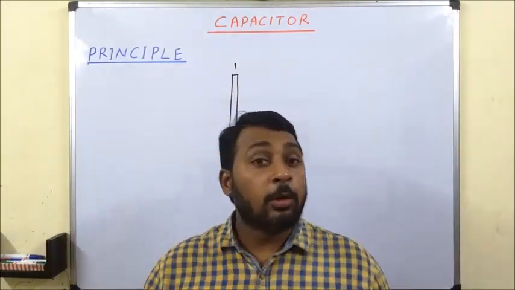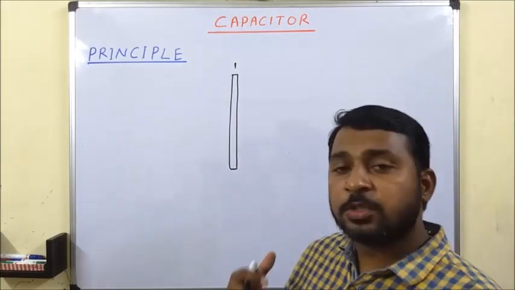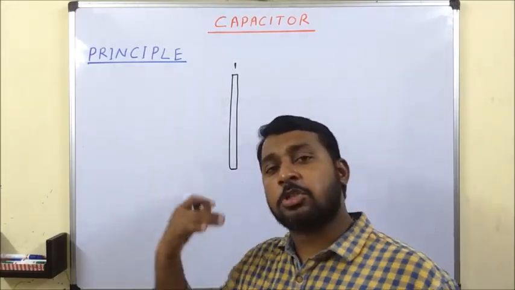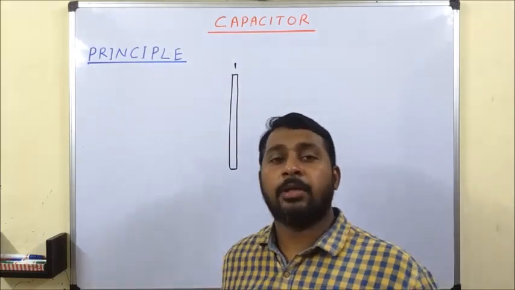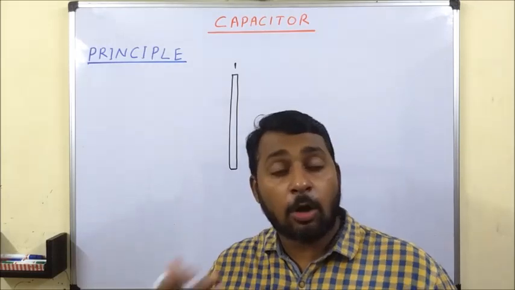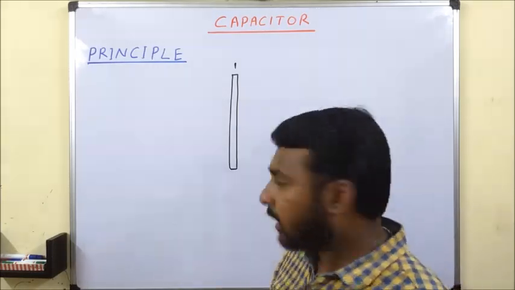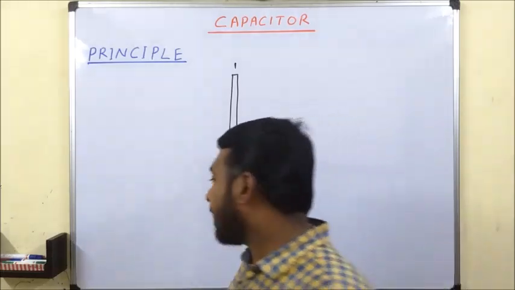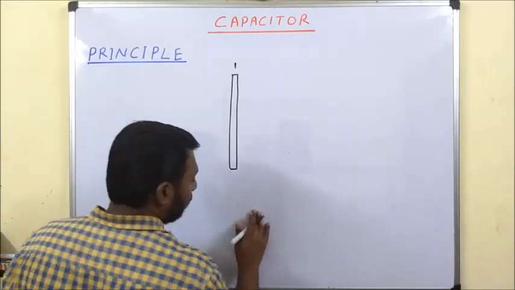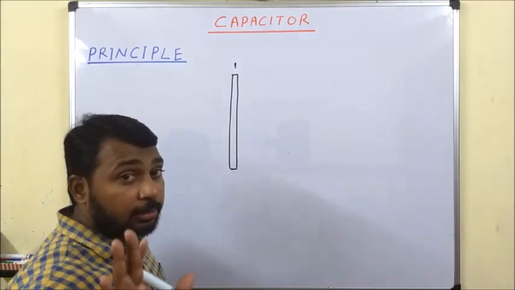Now we are going to charge it, whatever charge is possible. Every conductor has an ability to store charge, which is called its capacitance. So at present it has a capacitance, let it be C1.